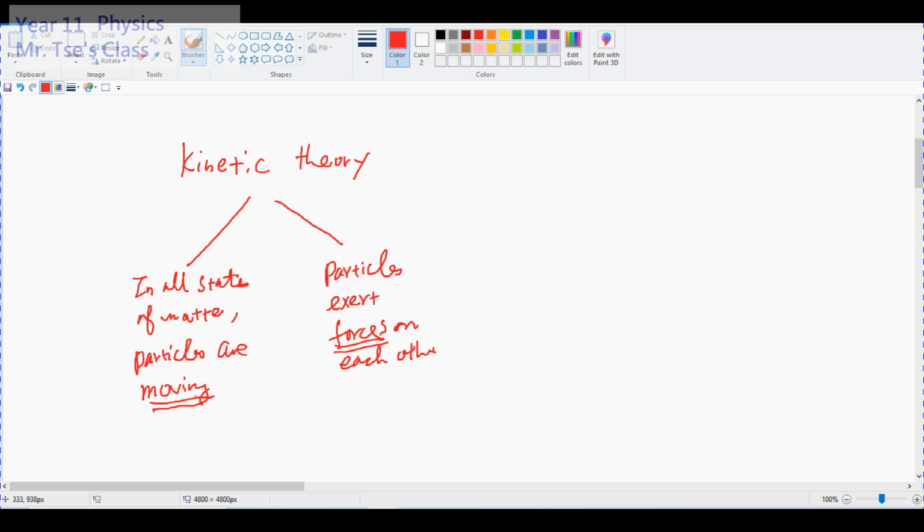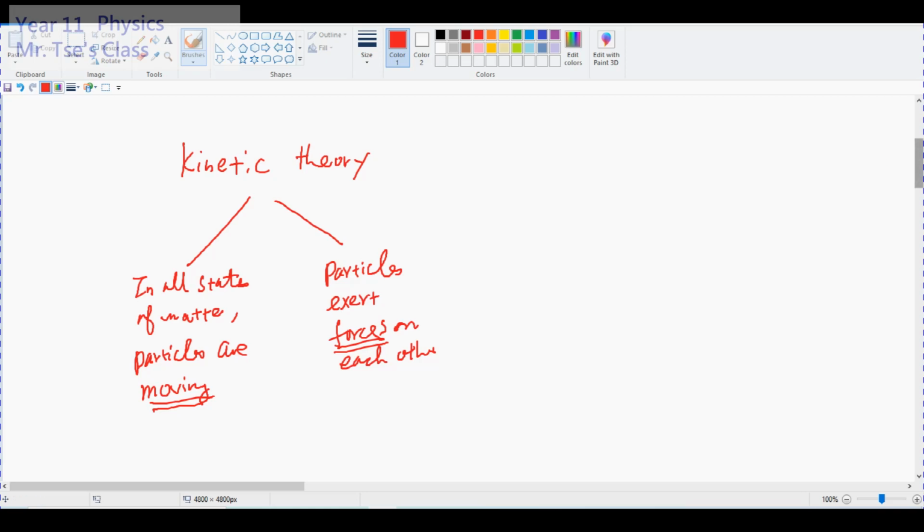But in terms of forces, particles in the solid state experience and exert forces of the highest magnitude, and those forces could be attractive and repulsive as well. But in liquids, and especially gases, the forces become very weak, and there's only attractive force among the particles. So that's why they behave differently.